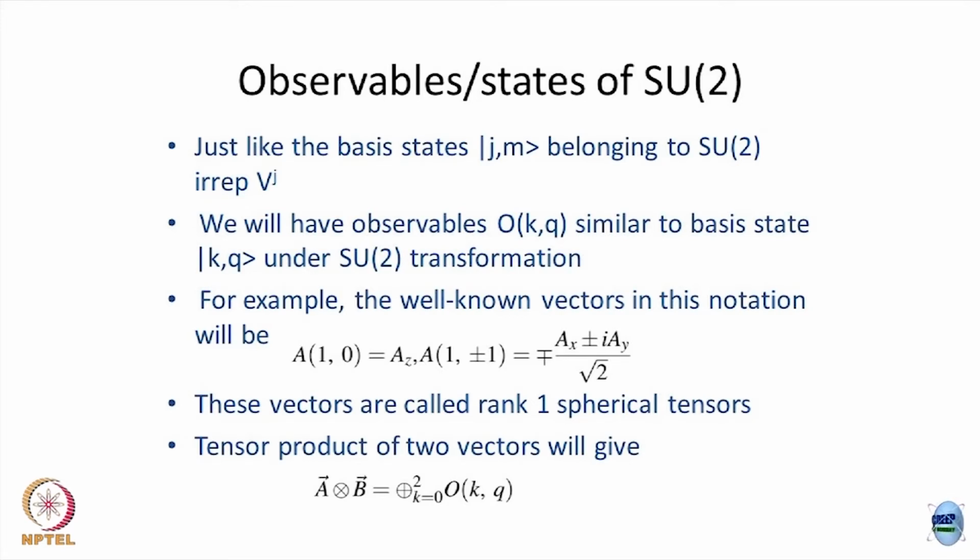Take 2 vectors, that is what I was saying, take a tensor product of 2 vectors in this notation, then you will end up getting, what are the possibilities? This one has j equal to 1, this one has j equal to 1, 1 cross 1 will give you 2, spin 1 and spin 0, and associated with that you will also have spherical tensors.